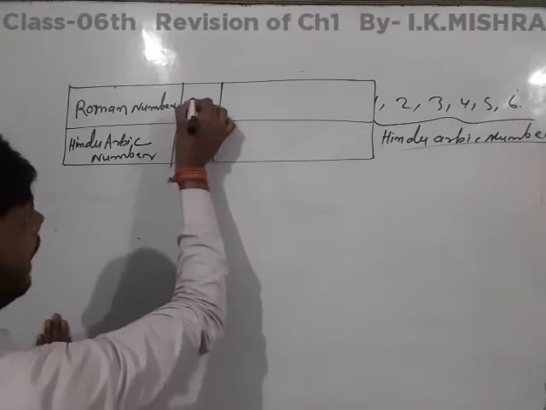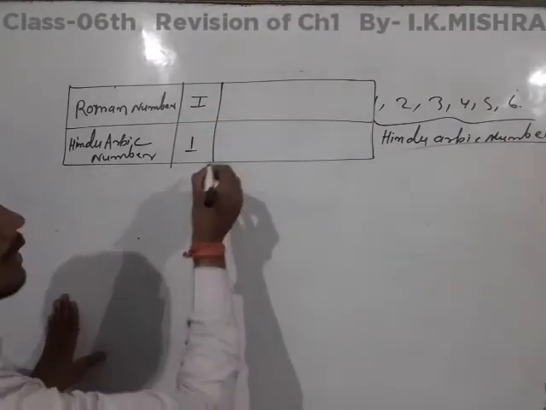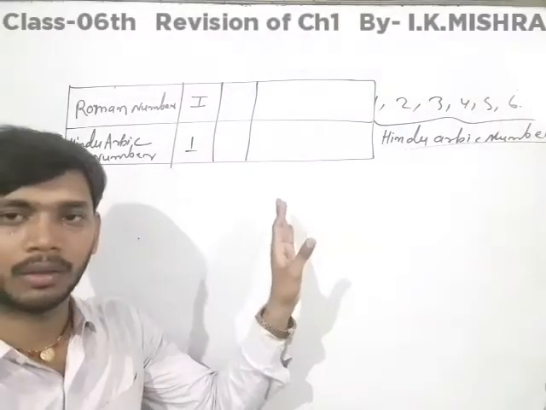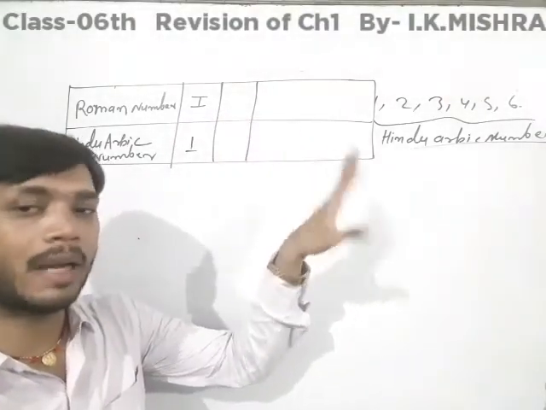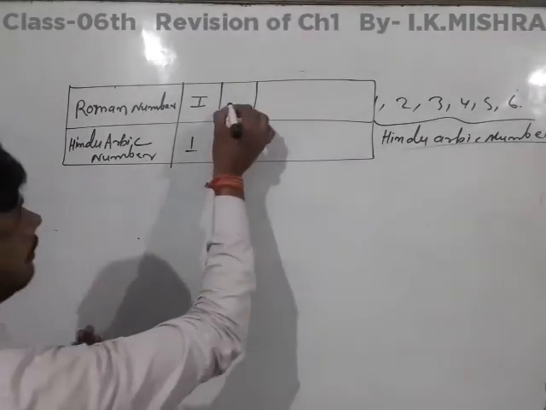Students, I is written for 1. Here you know the basic numbers in Roman first of all, and then know the rules for how you will write.